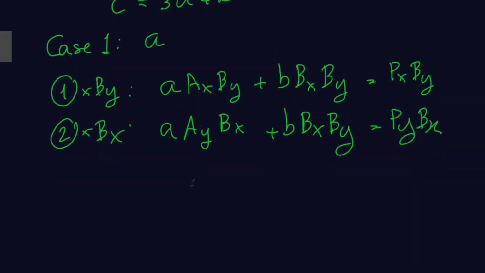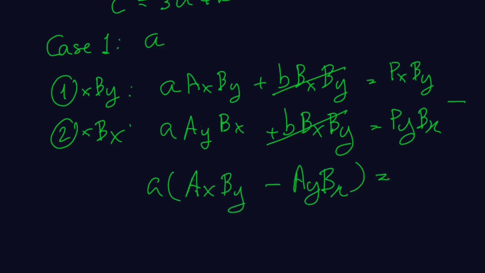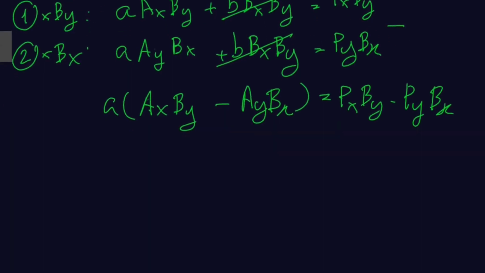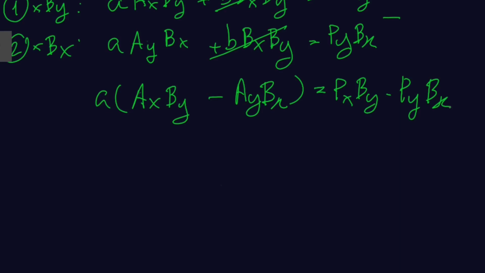Okay, once we got that, we just subtract them. So this term will be eliminated. Now we get A. So now we can divide all the terms with this. So we can calculate A, which will be equal to Px.